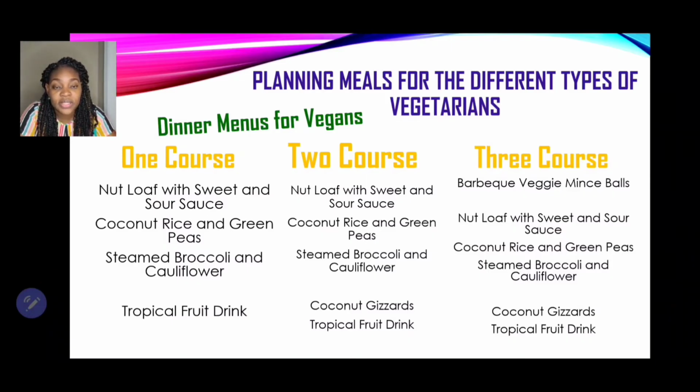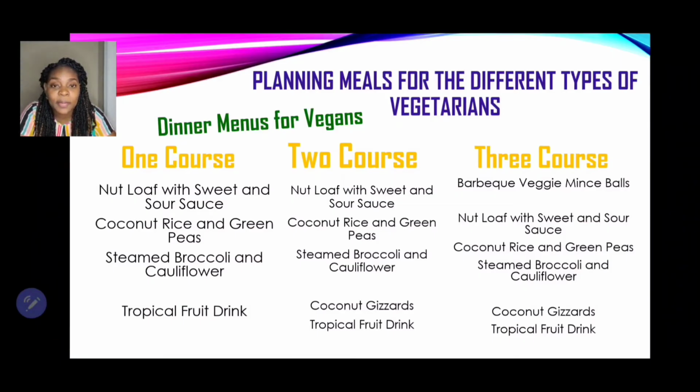3 course, right? Now the 1 course consists of your protein dish, your carbohydrate dish, and your green, leafy, or yellow vegetables, right? And your 2 course consists of an appetizer, which are finger foods used to open our appetite.